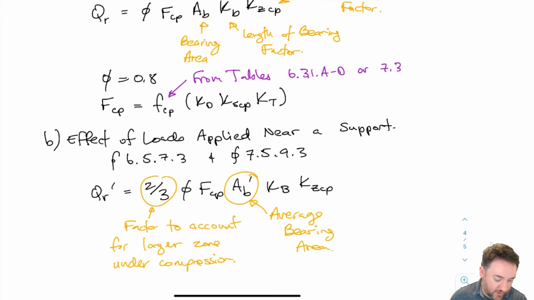And we need to calculate an average area because there's two bearing surfaces now. There is one on the top of the member and there's one on the bottom of the member, and they may not be the same size. So we have to have some way of accounting for the fact that the bearing surface is different on the top and bottom to come up with some kind of effective criteria. And basically the way that they do it is they take a straight average, and there is a limit to make sure that you can't make one really big to compensate for one being really, really small.